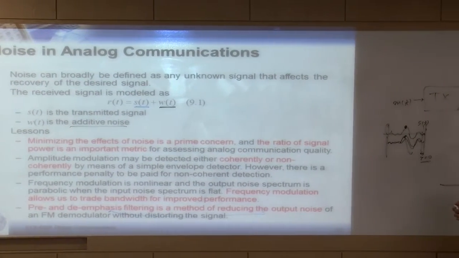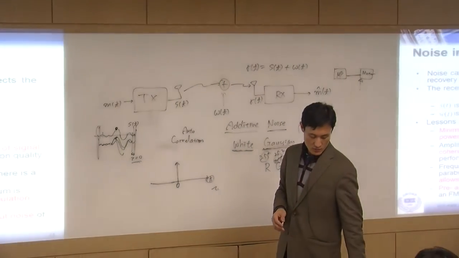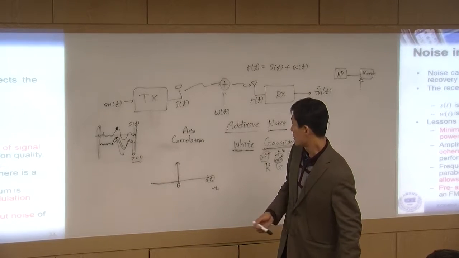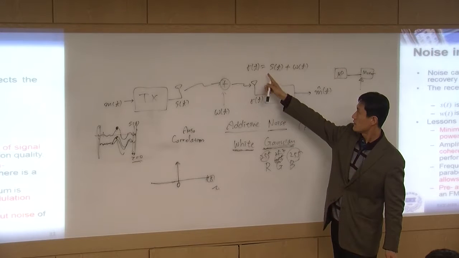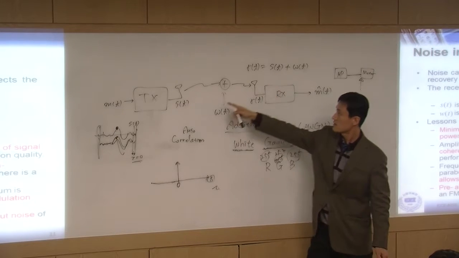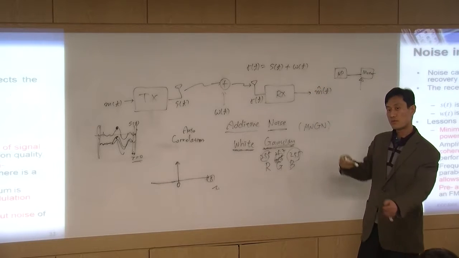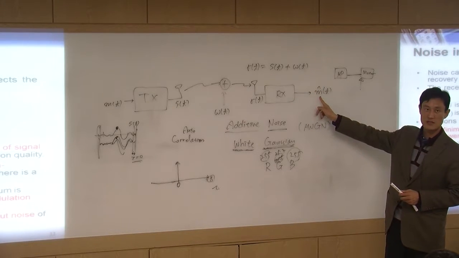What is the main thing that we need to consider when you have noise like this? We have noise, then we are going to receive the transmitted signal plus noise. And what is our mission? My goal is to recover the original message.